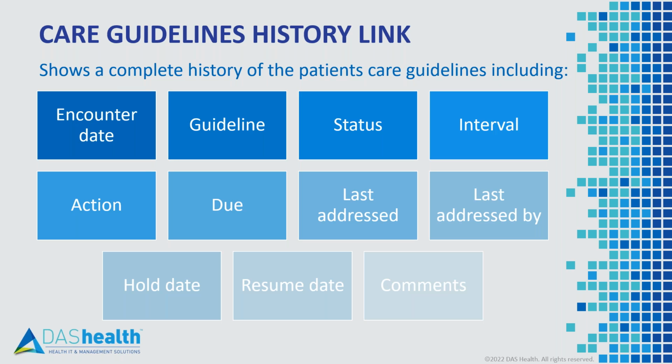We can use that histories link to see some more information. You can see on the screen here that we would be able to see what actions were taking place, when that happened, who addressed those guidelines, and any comments that maybe were added. Again, just trying to give you some more information regarding the care guidelines and their history.